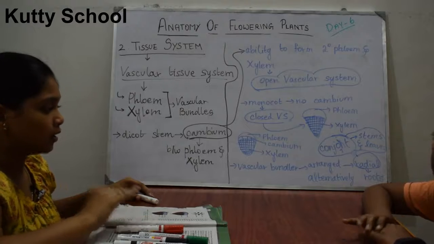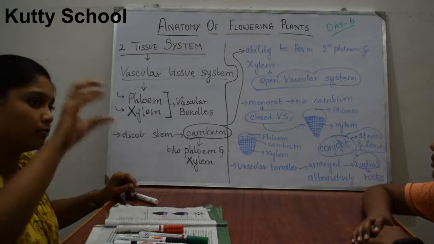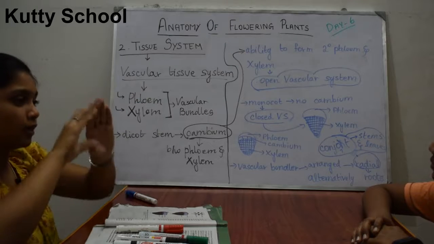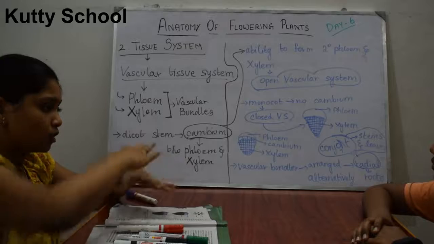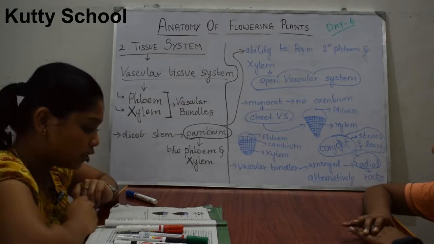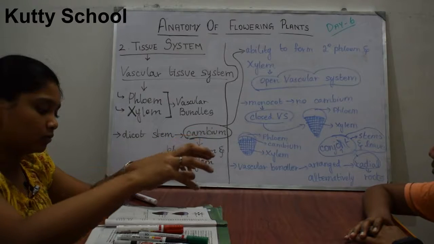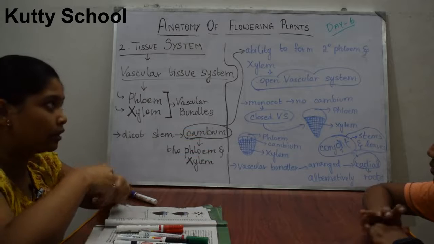Here the xylem and phloem are together: inside it is xylem, and outside it is phloem. Always, the phloem is located on the outer side and the xylem on the inner side.